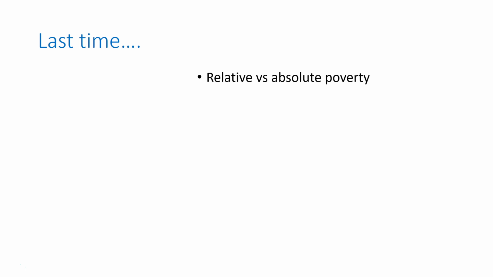For example, if you don't have access to a toilet, if you don't have a roof over your head, if you don't have access to readily available health care, those are indicators of absolute poverty. So keep that straight in your mind, relative versus absolute, because all the measurements are either in one camp or the other, or attempt to combine them. We looked at the global poverty line, which these days is about $2 per day of income.